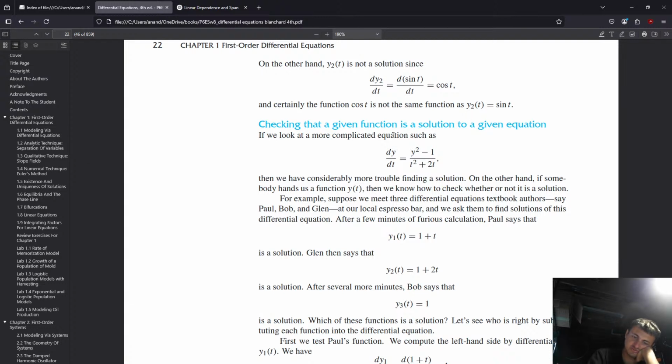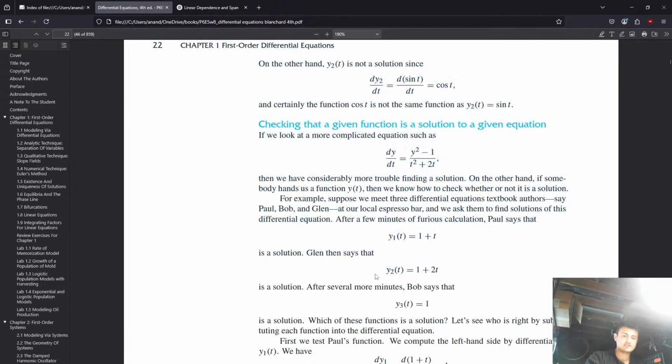So dy/dt is equal to 1. If y is equal to 1 plus t, then dy/dt is equal to 1. So it does check out.